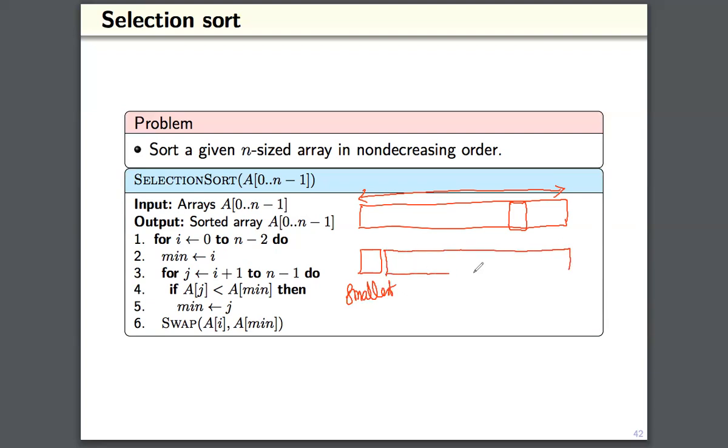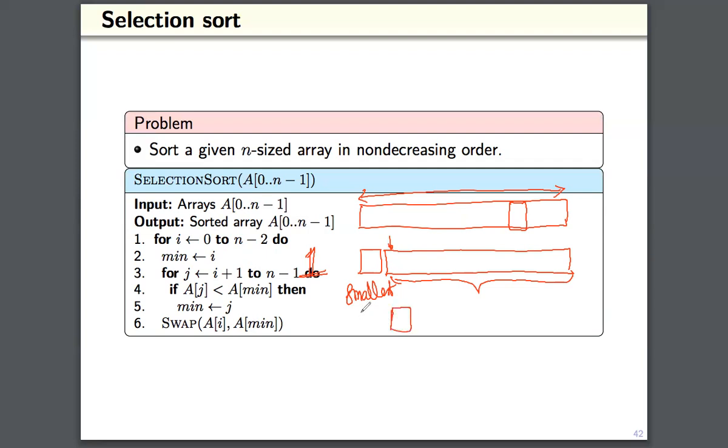You have the remaining array. After one iteration, the smallest element is in its correct position. Now you have an array of size n-1. Again, find the smallest element in that array and swap it with the first element of this remaining array.